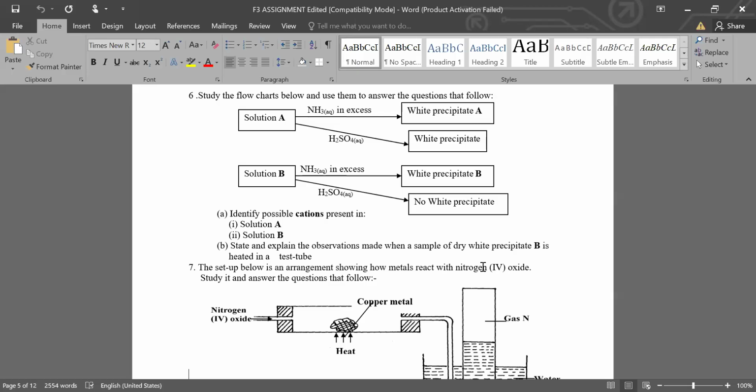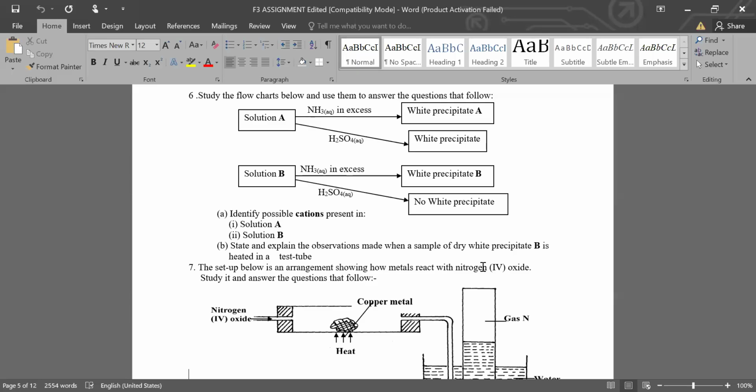Now we are left with magnesium and aluminium. So it can either be magnesium, because for that case it will be magnesium sulfate, which is soluble, or aluminium sulfate, which is also soluble.